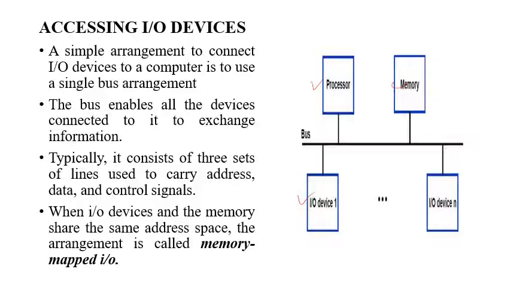We have the address bus, the data bus, and the control signal lines. The address bus holds the address of the data that is being accessed, whereas the data bus carries the data.